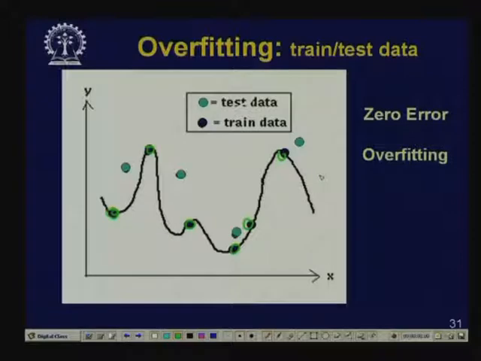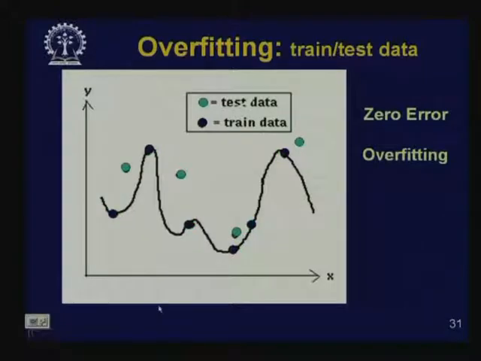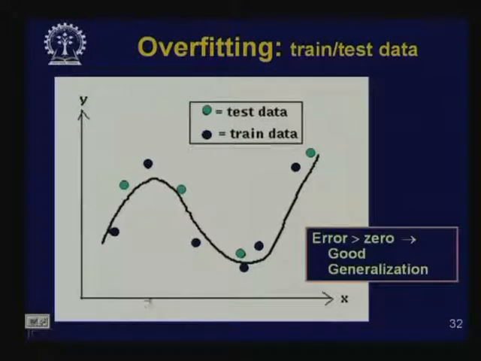It has 0 error on the training data, but it has some error on the test data. For the same examples, we have another curve which has some finite error on the training data, but it fits the test data in a better fashion.